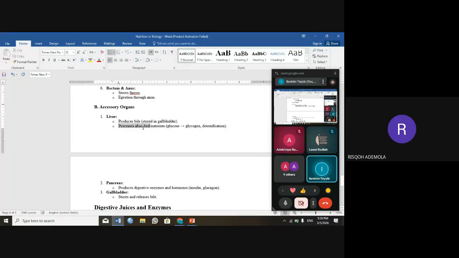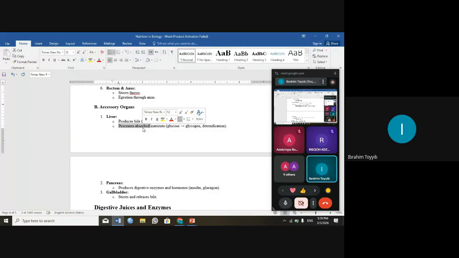Sir, I heard that feces is not an excretory product. Is it true that feces is not an excretory product? What they are trying to say is that feces is an excretory product, but it is not only feces that is an excretory product.